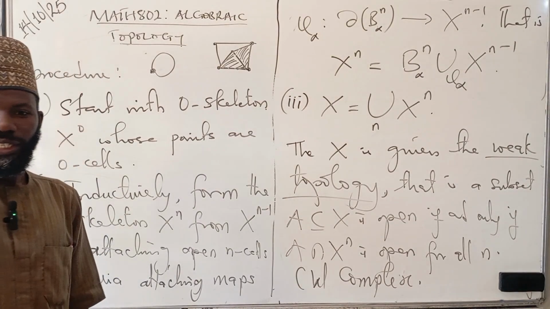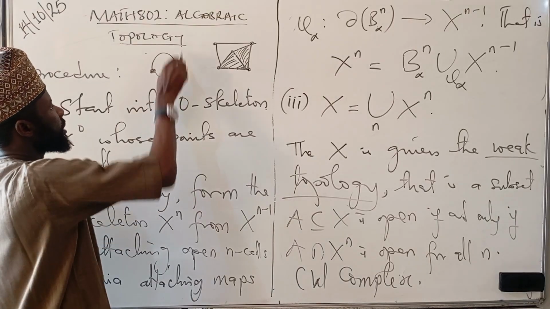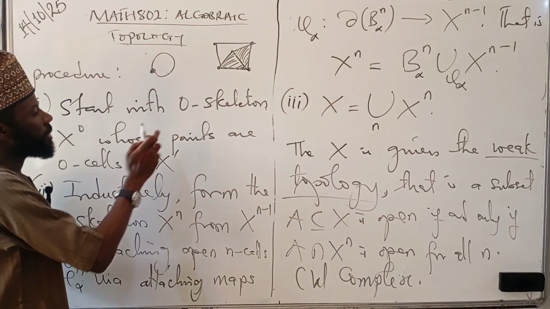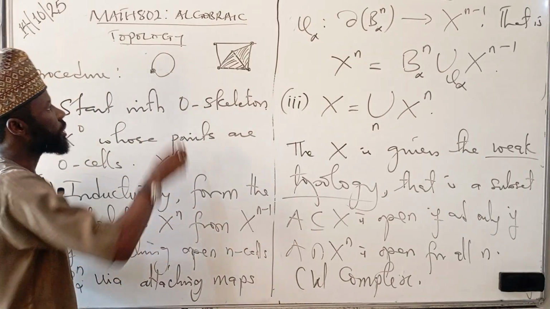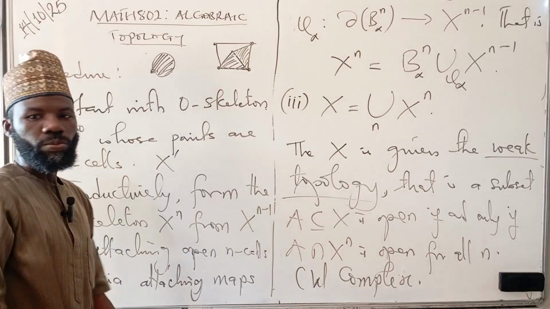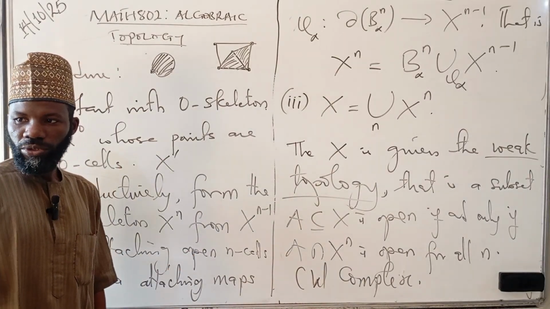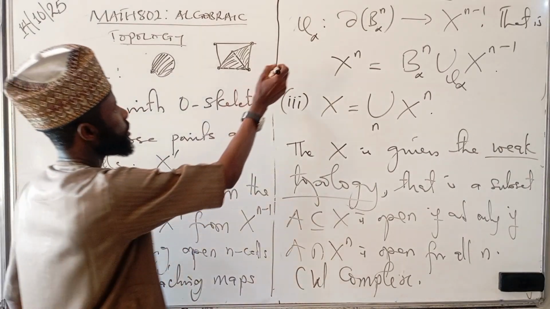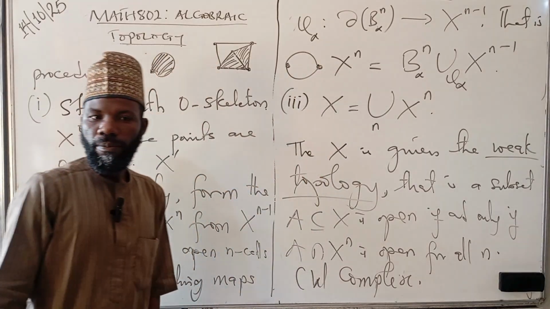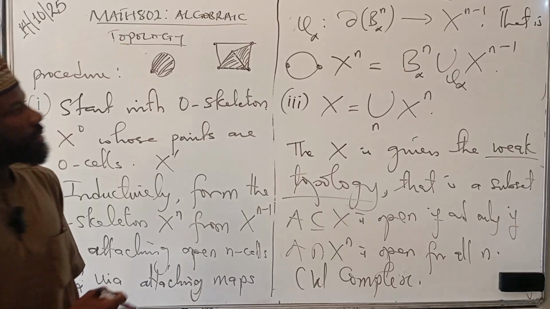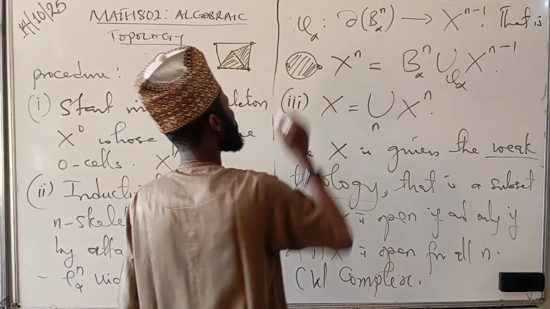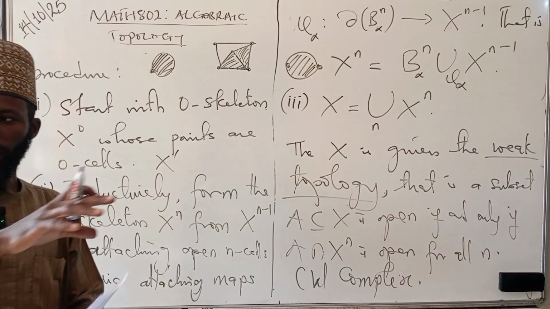And you can also construct a disk like this. If you form a loop, you have the X1, the 1 skeleton. Then you can develop the next stage by attaching an open disk inside the loop. Or you start with 2 points, attach 2 1 cells, and then put an open cell in between.